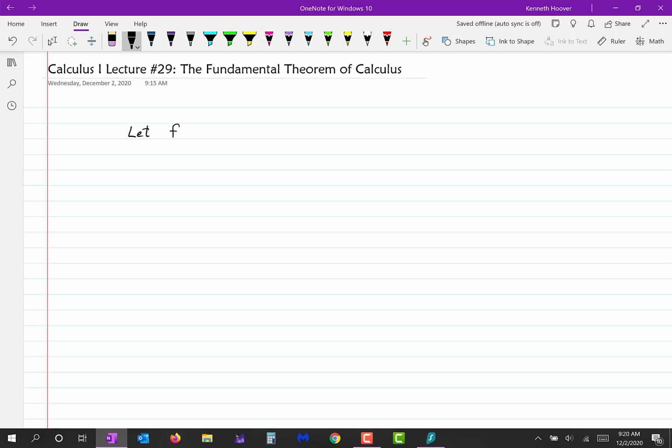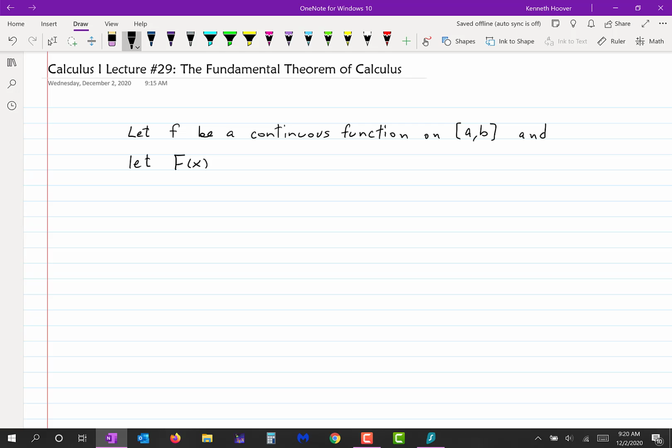Let f be a continuous function on some closed interval, let's write from a to b. Okay? And so that was a lowercase f, okay? So here we're going to let capital F be this function.